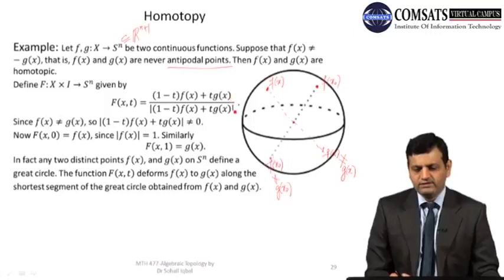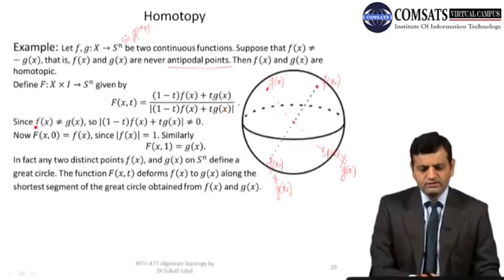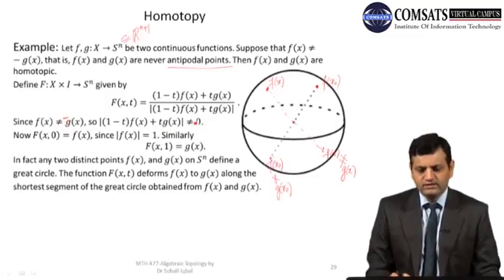If I divide a vector by its norm, then I get a unit vector, and a unit vector must live on S^n. Since f(x) is not equal to minus g(x), the denominator is never going to be 0.